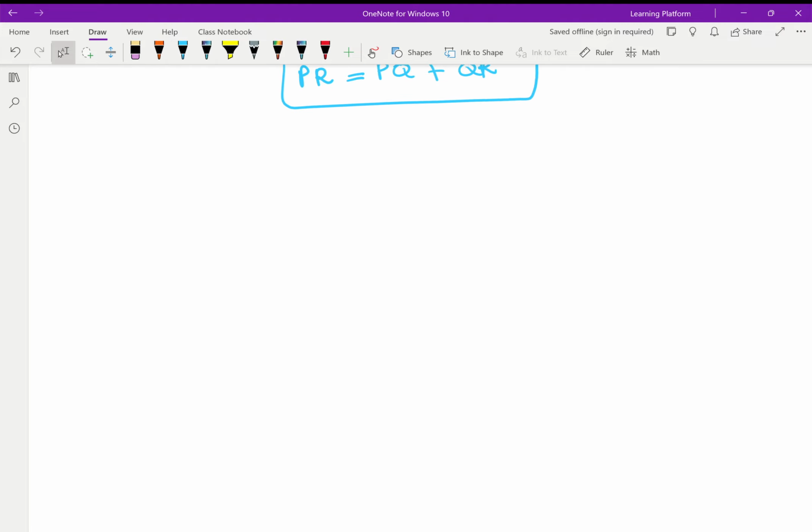I will summarize this. This is my right angle triangle. I will name it as LMN. Okay, tell me how to write this.